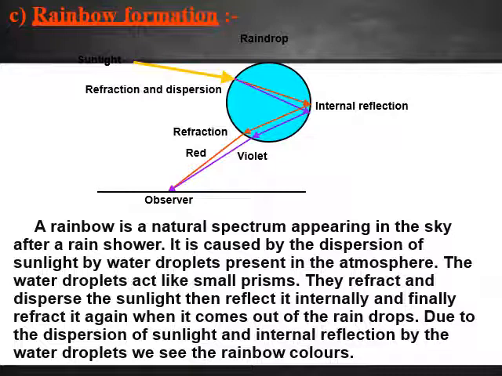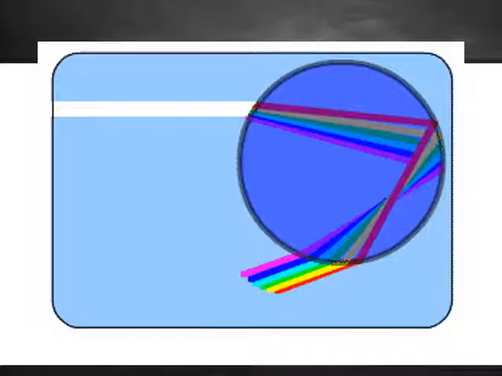So, due to dispersion of sunlight and internal reflection by the water droplets, we see the rainbow colors. In this way, a rainbow is formed due to internal reflection and refraction through the water droplets.